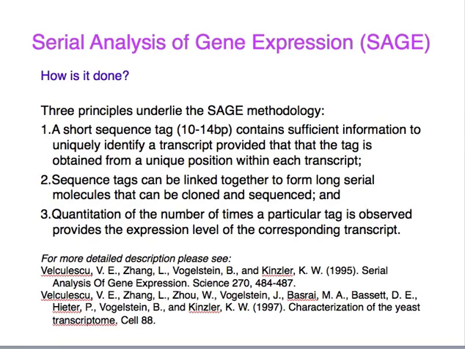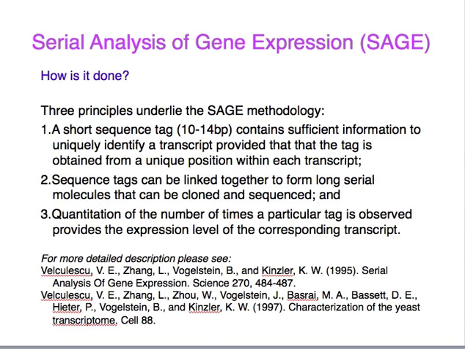How is it done? We're about to go and look at the databases, and these databases that are being built up are taken from scientific studies done by labs all around the world. And the methodology for SAGE is, instead of using a probe that covers the entire gene, they take what's called a short sequence tag.